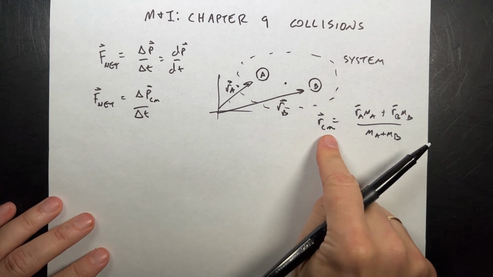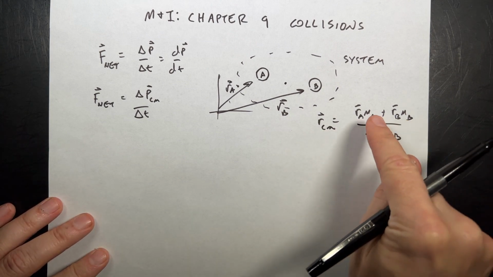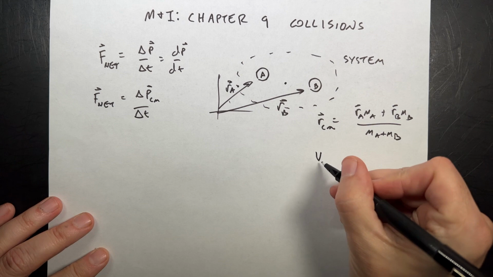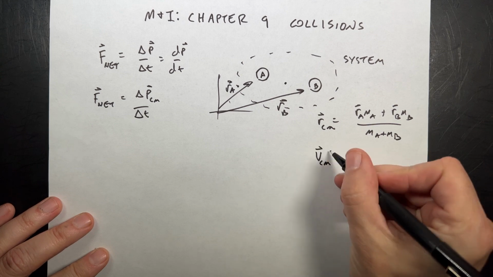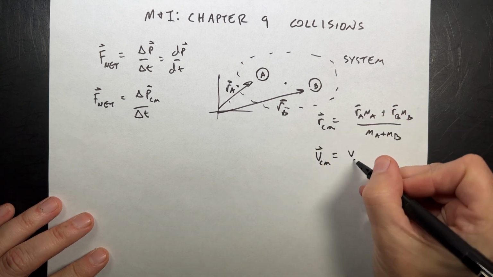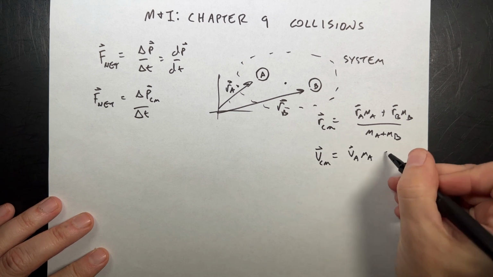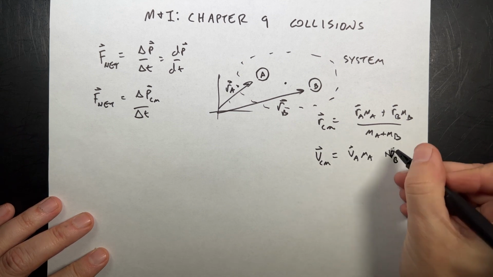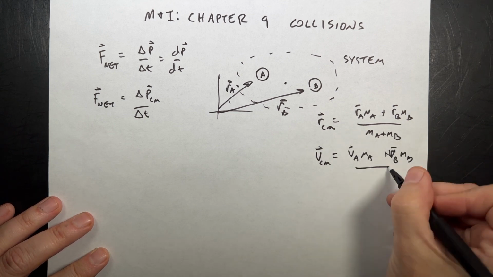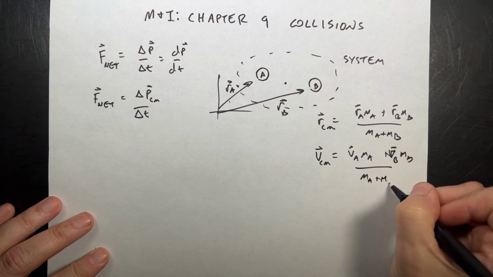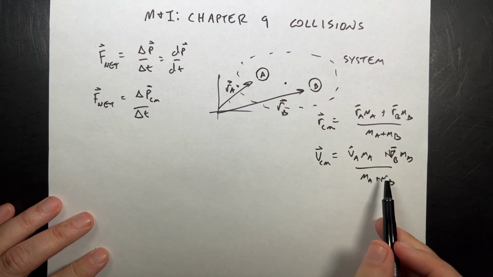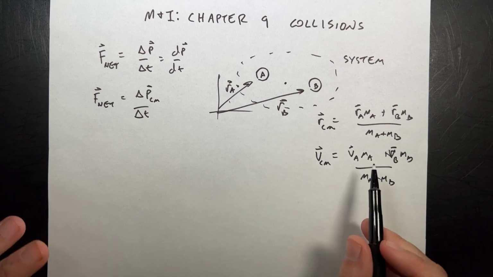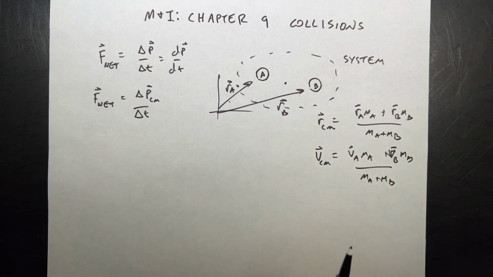Now, if I take the derivative of this with respect to time, we get the velocity of the center of mass, equal to (v_A m_A plus v_B m_B) over (m_A plus m_B). But if I multiply both sides by the total mass, I get the total momentum as the sum of the momentums. So the momentum of the center of mass is important.